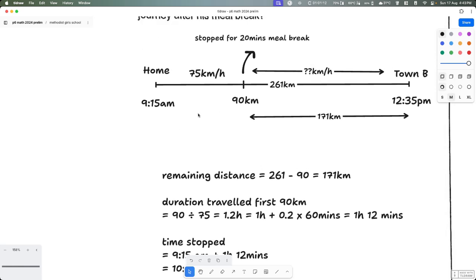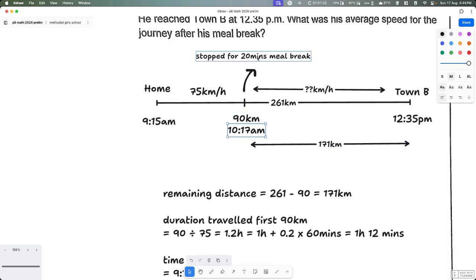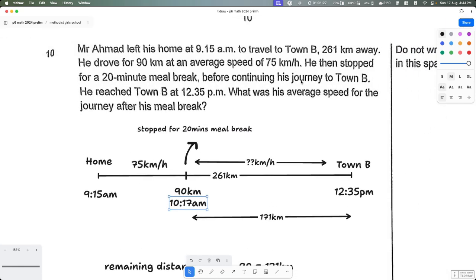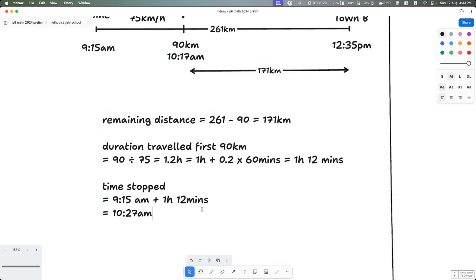So he stopped at 10:27 a.m. At the same time, he stopped for a 20 minutes break before he continued.